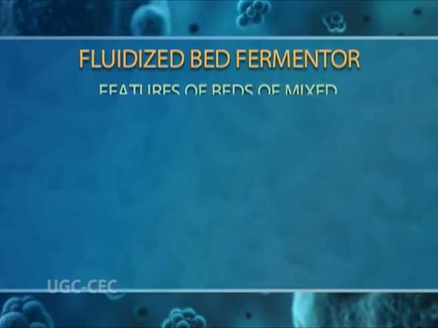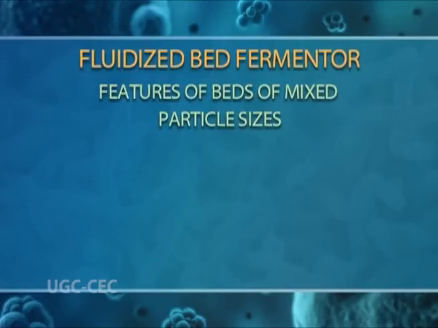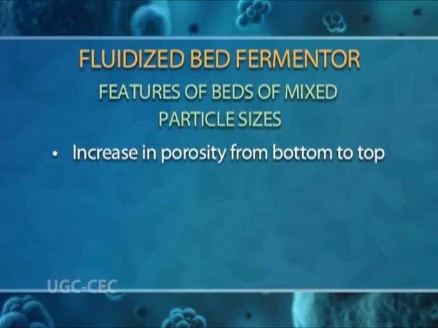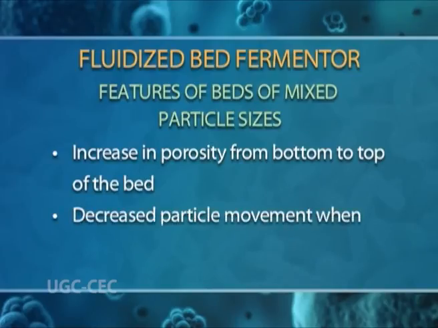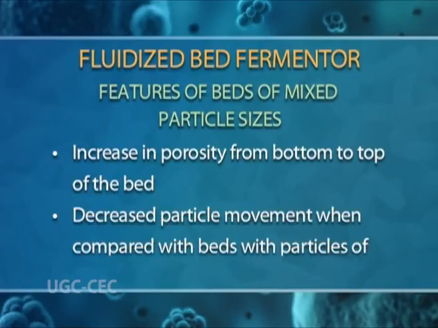There are two important features of the beds of mixed particle sizes: the increase in porosity from the bottom to the top of the bed and the decreased particle movement when compared with beds containing particles of constant size. Since porosity or voidage is a measure of the local free space within a bed, a variation in microbial holdup is expected with a fluidized bed fermenter.